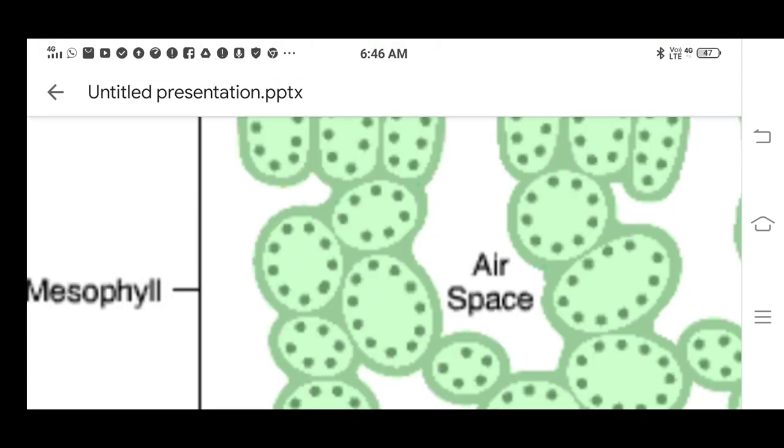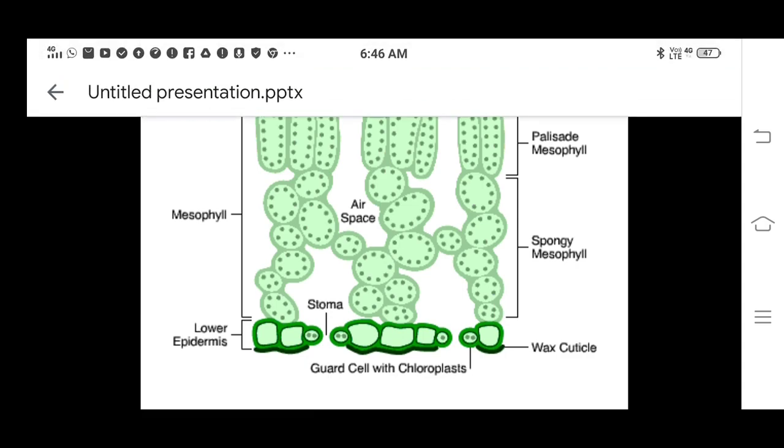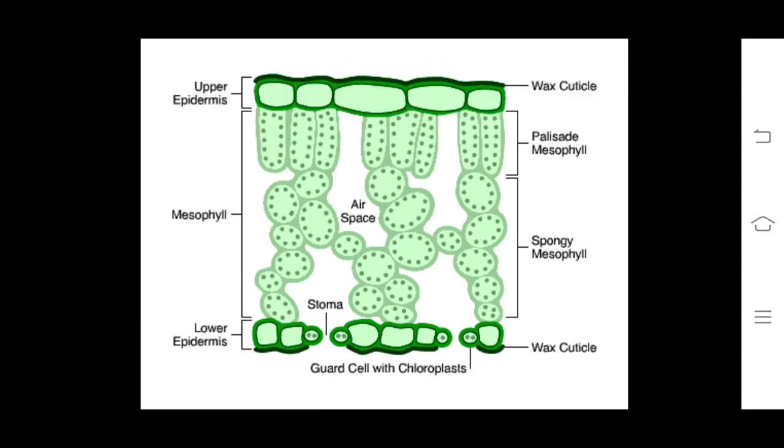Here you can see only one layer, whereas there can even be 2 to 3 layers of palisade parenchyma. Then there are the spongy parenchyma or spongy mesophyll, which are irregular cells and which are not tightly packed, but they have air spaces, and the air spaces open by the stomata.